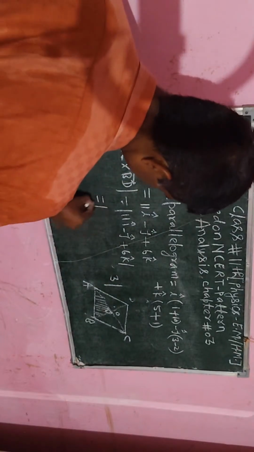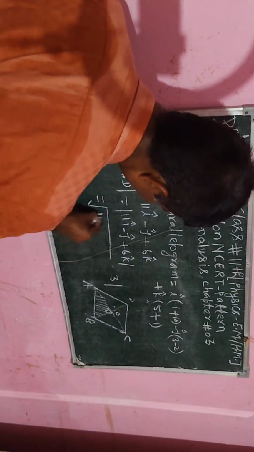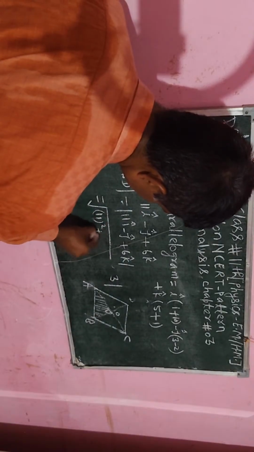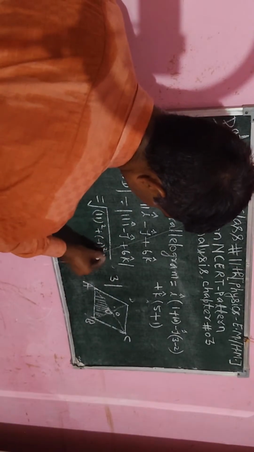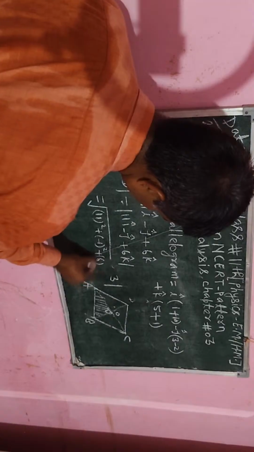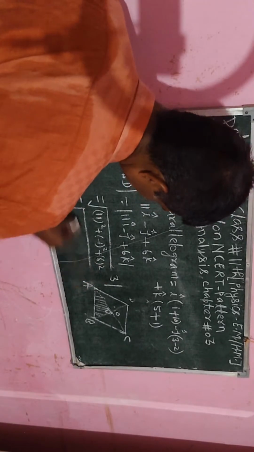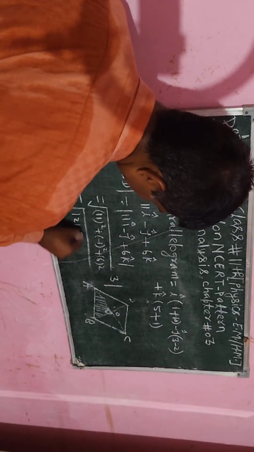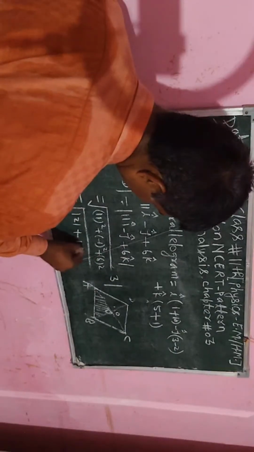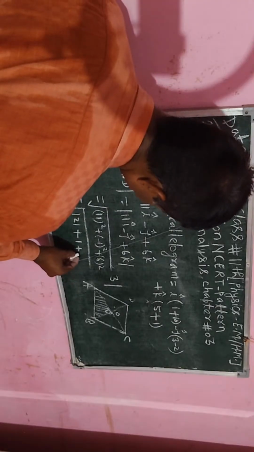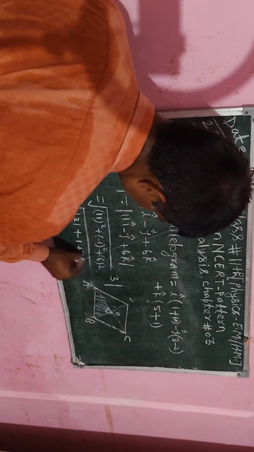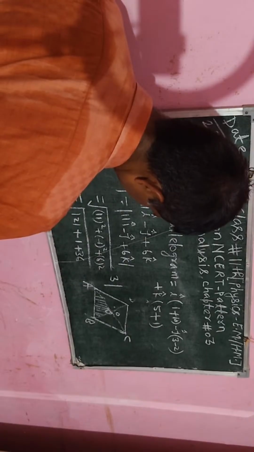So I will write here 11 square plus minus 1 square plus 6 square. So 11 into 11, that will be 121, plus 1 square, that will be 1, and 6 square, that is 36. So again I will add it here.